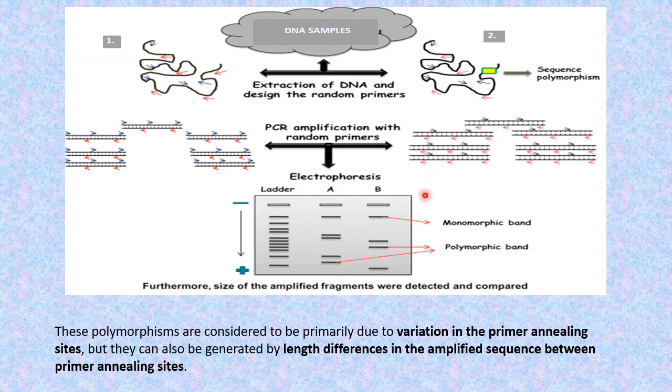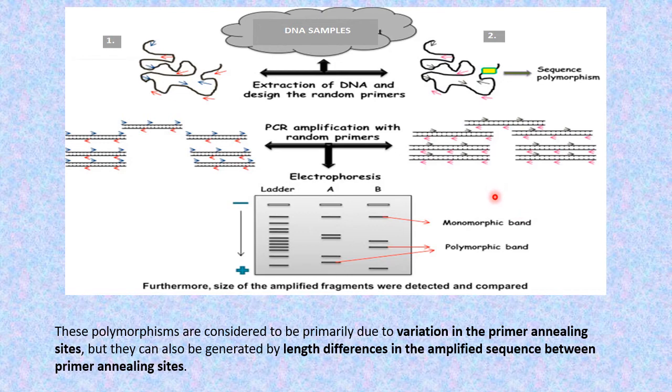So these polymorphisms are considered to be primarily due to either the variation in the primer annealing sites, because wherever they find their complementary sequence, they may anneal, or they can also be generated by the length difference in the amplified sequence between the primer annealing sites.